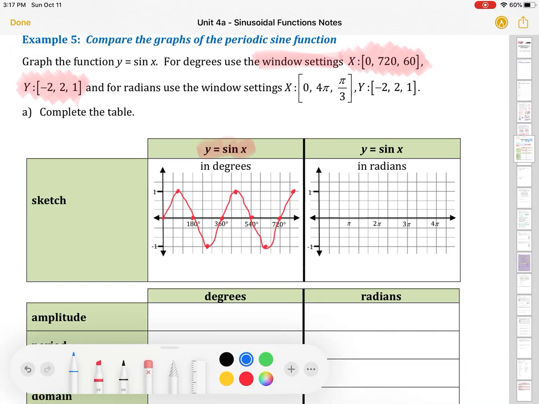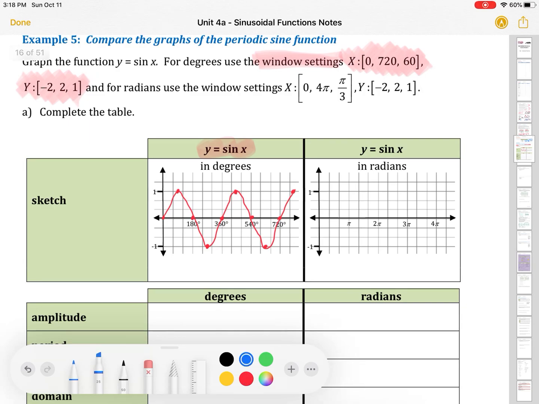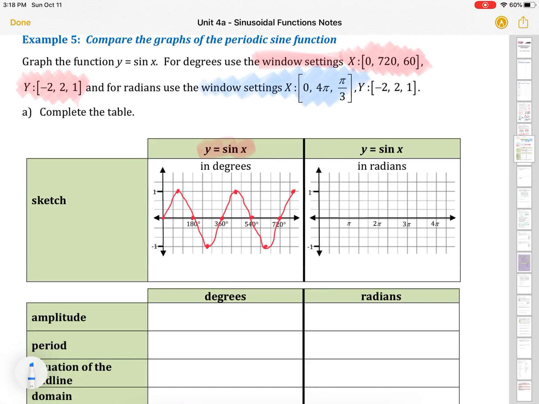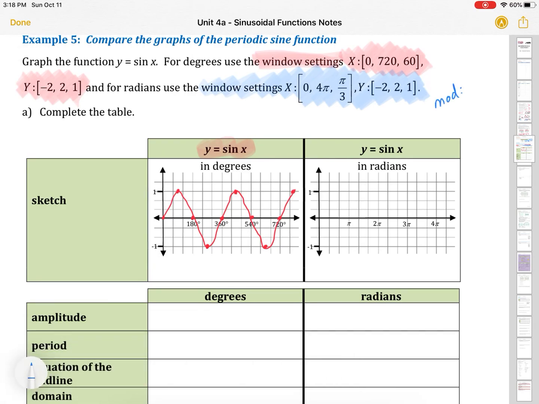For radians we have to change a couple of things. We've got to change our window settings. We also need to change our mode, right? You can see the mode button. You're going to go down and put it in radians. Then you're going to change the window.